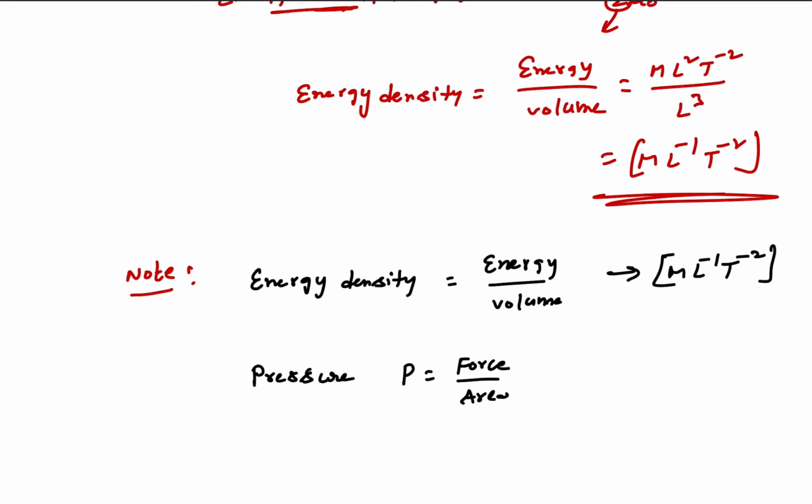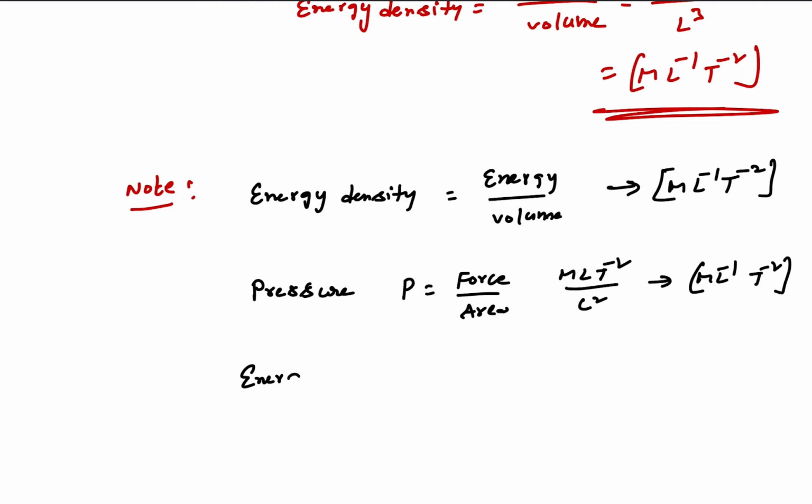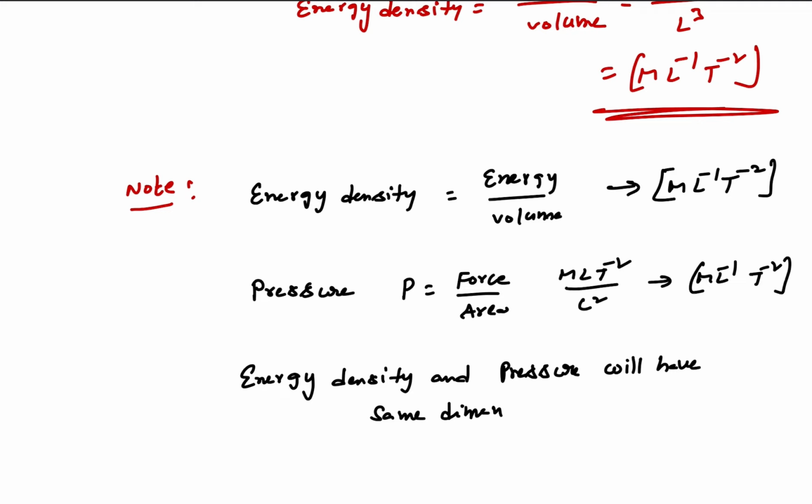If you write pressure, P is equal to force by area, M L T power minus 2 divided by L square. That is M L power minus 1 T power minus 2. Observe this carefully: energy density and pressure both have the same dimensions.